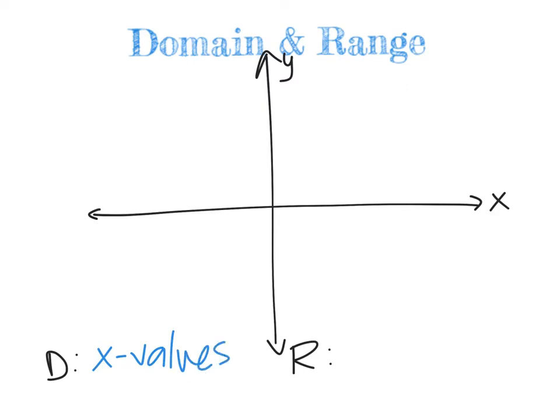So what I like to do when I'm looking at the x values is I actually like to draw my lines. Where does this function exist on the left end of the x-axis and on the right end of the x-axis? Where does it exist between those two? Whatever that number is, that's what my interval is going to be.